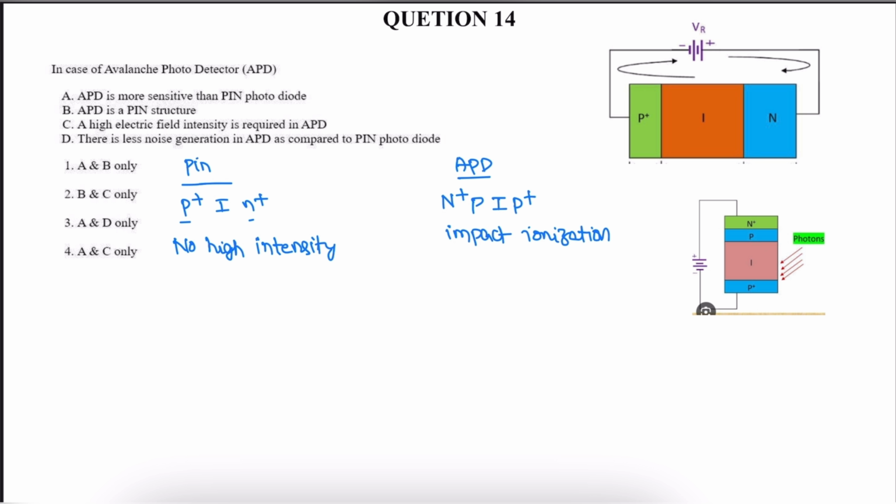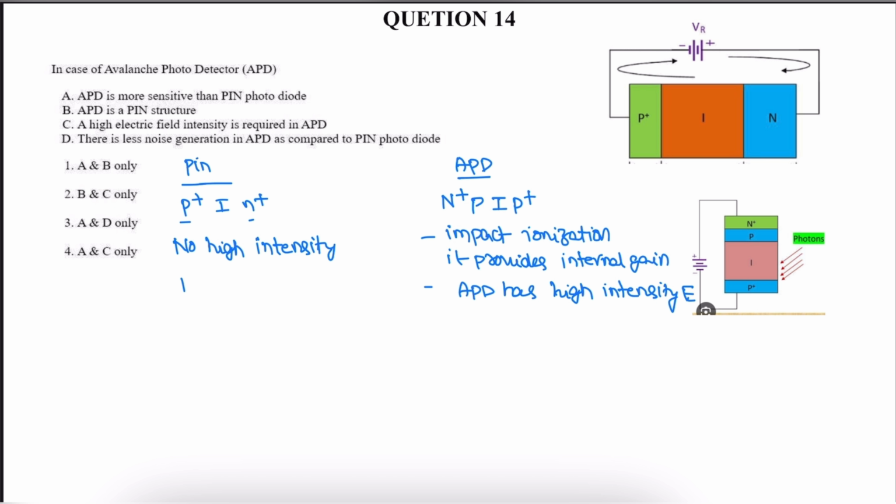Due to impact ionization, it provides internal gain for the current, and the avalanche photodiode has a high intensity electric field in the intrinsic region.